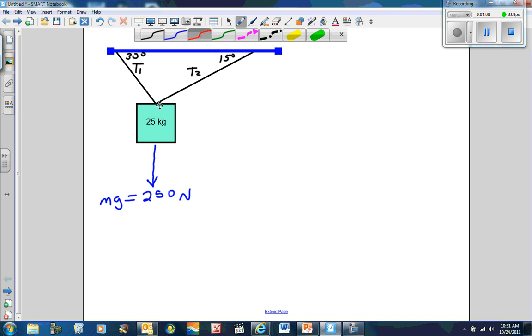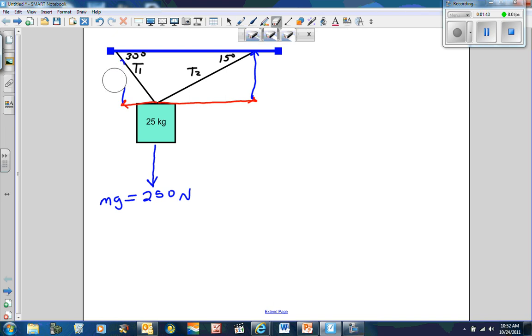And each of these tensions can be divided into an x and a y. So an x and a y.